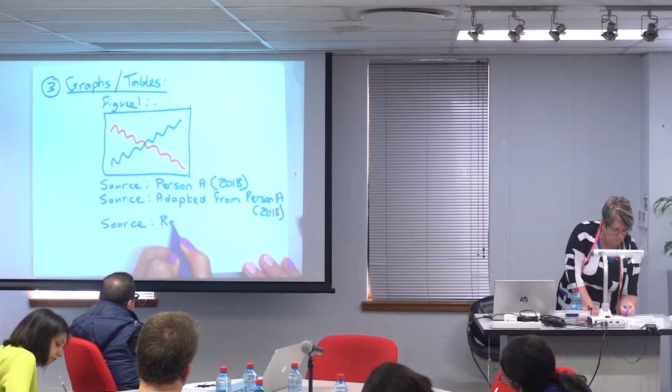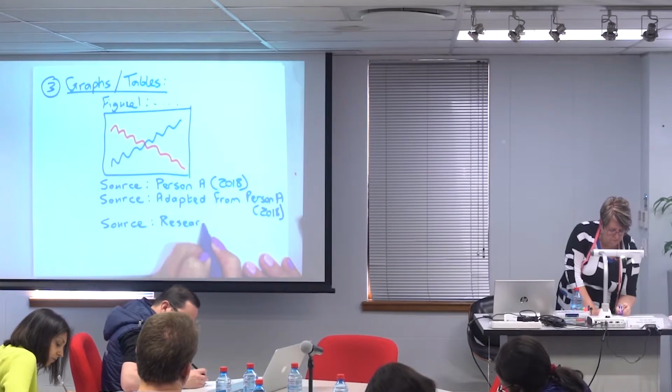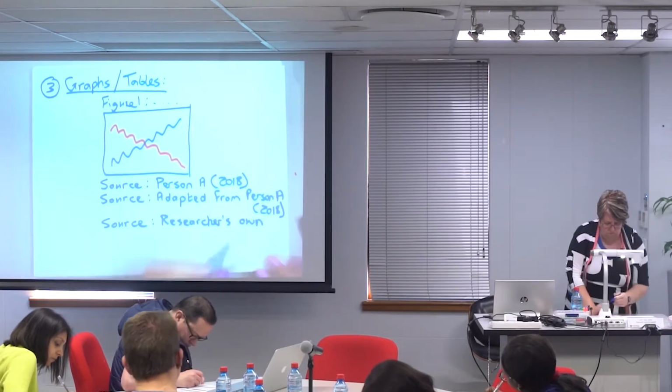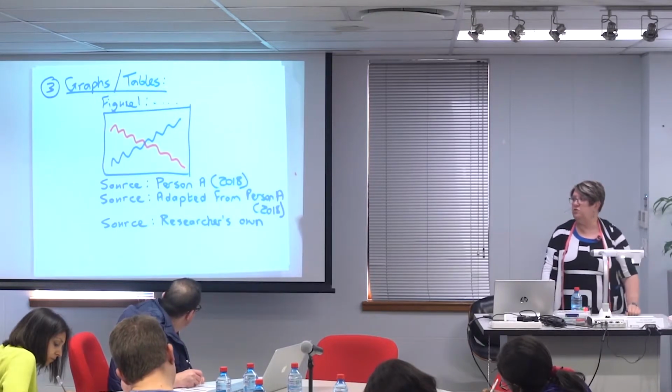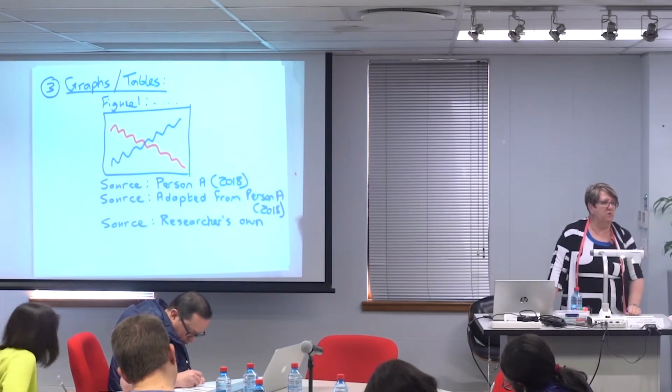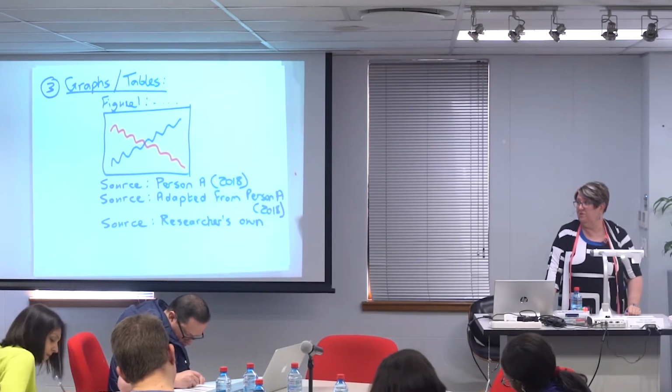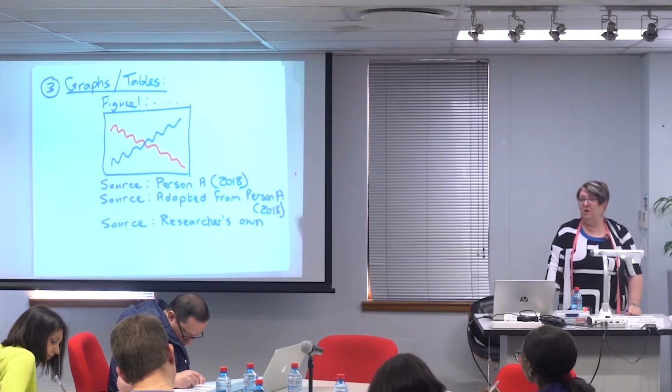If this is brand new and you have designed it and you put it into this document, then the source is researcher's own. So that's the three options when it comes to graphs or tables or pictures that you put into your documents. But you have to reference it.